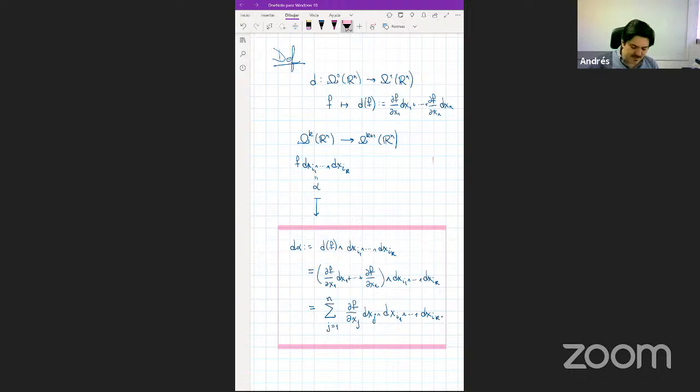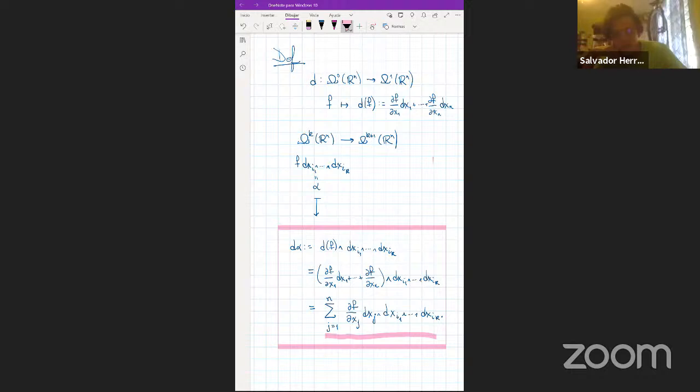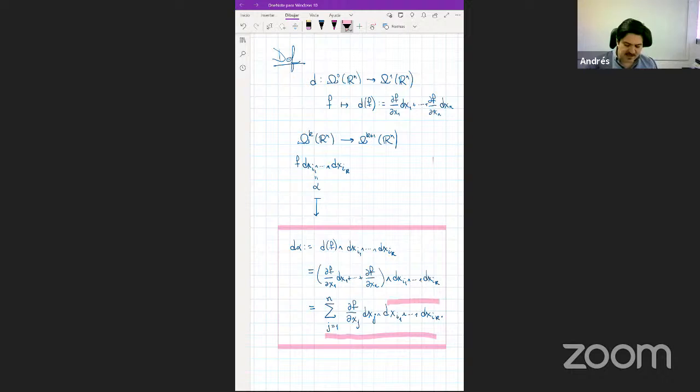Now, many of the summands here are going to vanish. Why is that? Because dxj might appear. Right. If here I have a dxj, everything vanishes.